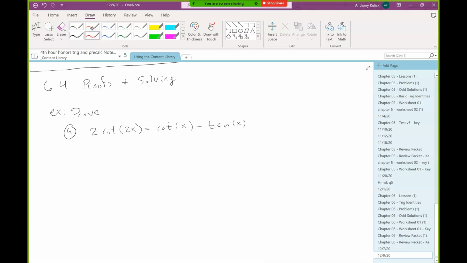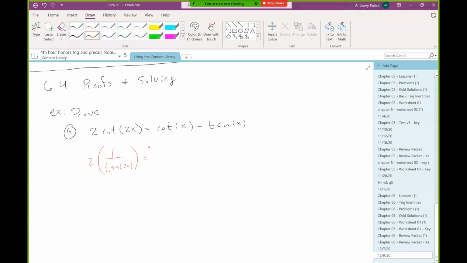So hopefully at this point you would agree with me that let's work on the left-hand side, because I have the double angle going on there. Unfortunately, I don't have a double angle identity for cotangent, so probably my first order of business would be to rewrite that as 1 over tangent 2x.